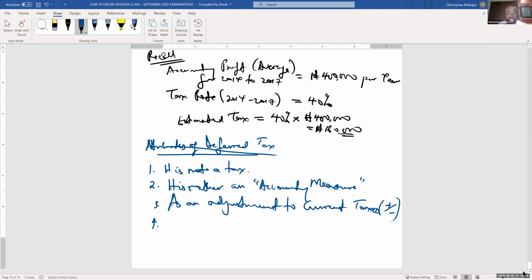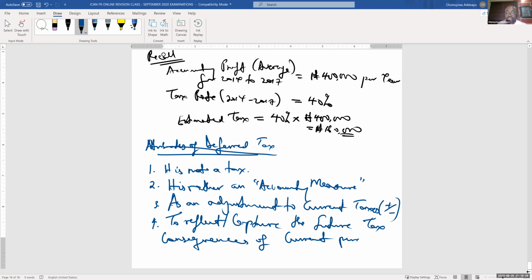Because we want to reflect or capture the future tax consequences of current period transactions, events, and activities.